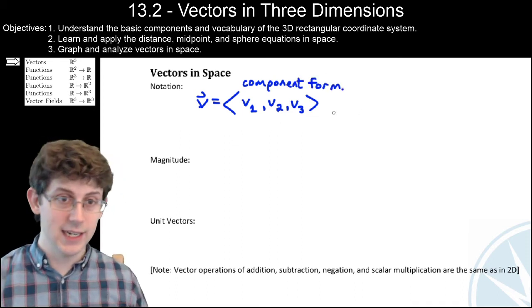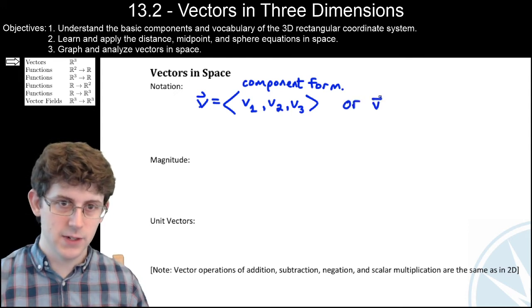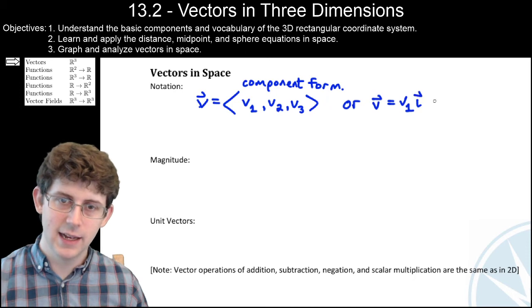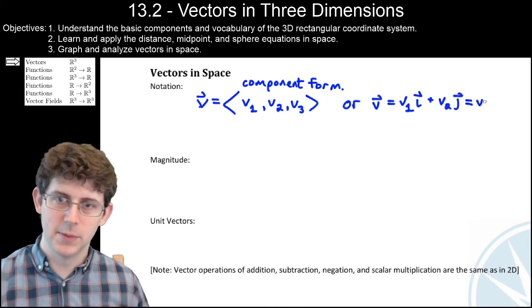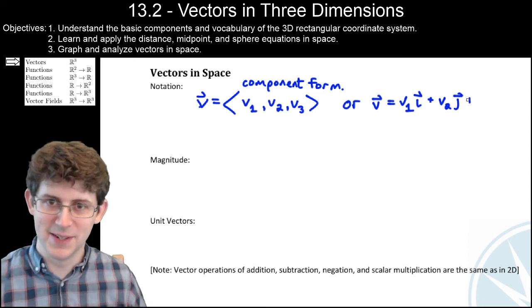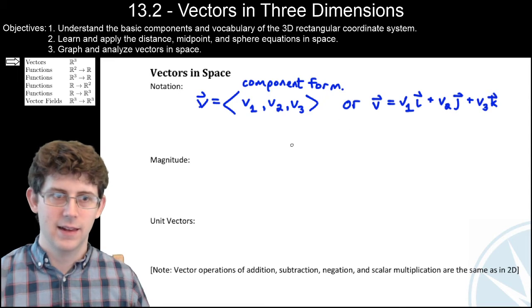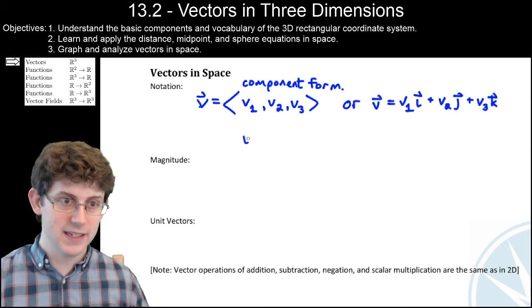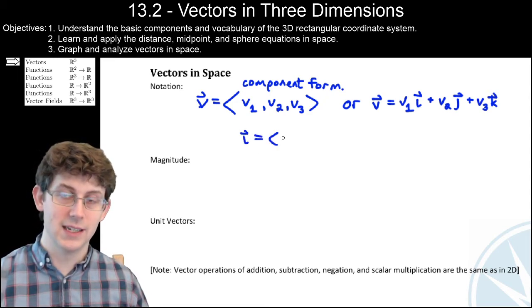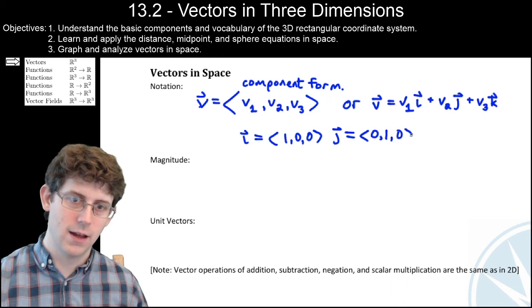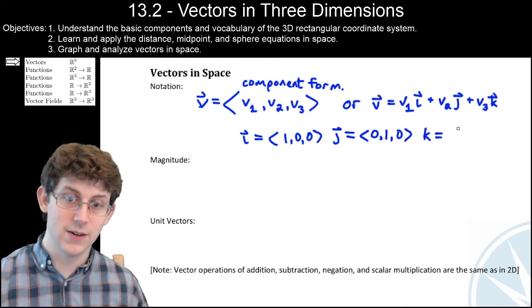The other way you could write it is some multiple of i, some multiple of j, and some multiple of k. And the understanding that we have is that i is the vector that goes in the x direction, j is the vector that goes in the y direction, and k is the vector that goes in the z direction.